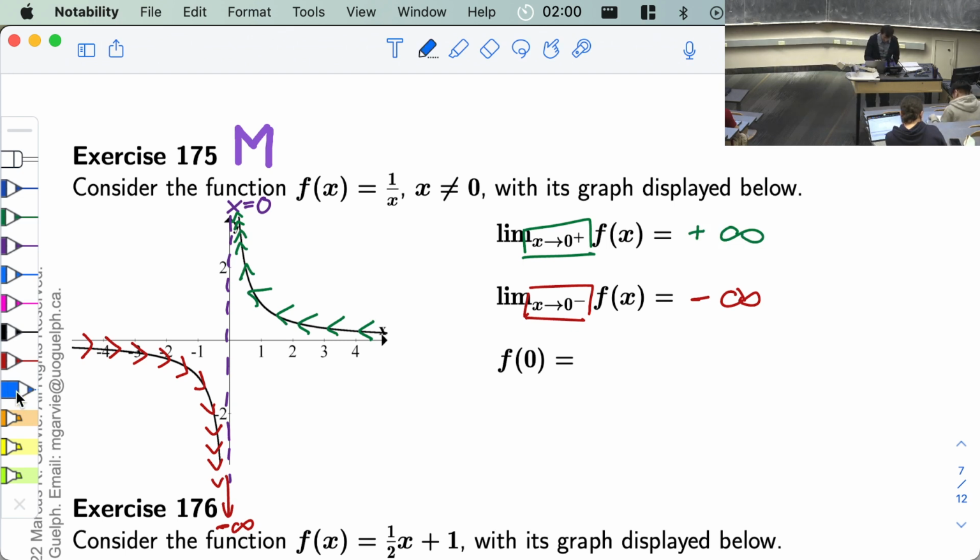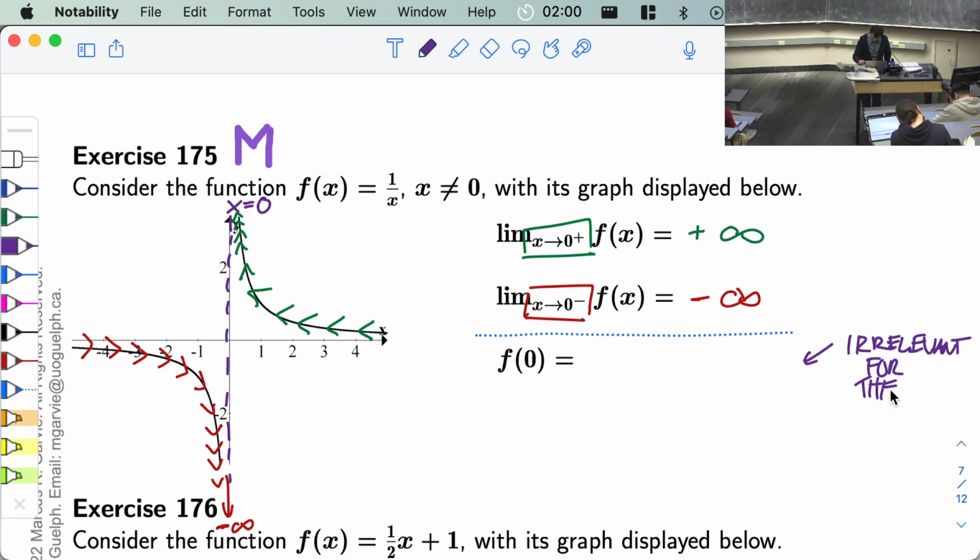This question, I will warn you, what is f of 0, has nothing to do with limits, right? Everything we've done so far is about what is getting close to what, how things are moving around. F of 0, you could say, is irrelevant for the limits. In this particular case, it's the function 1 over x.